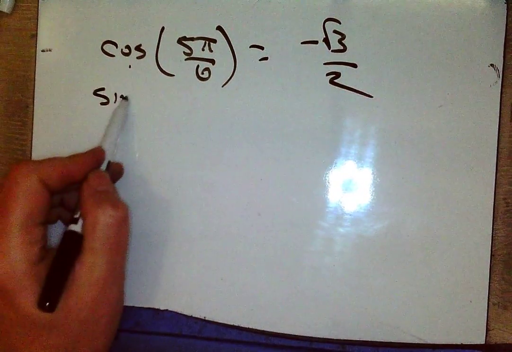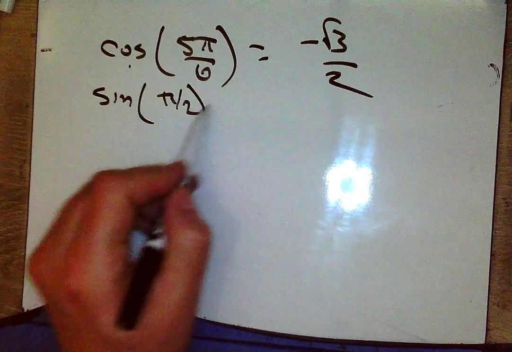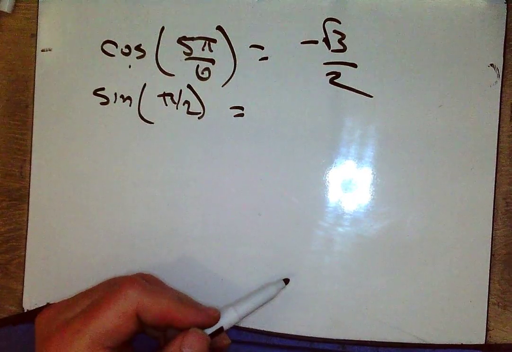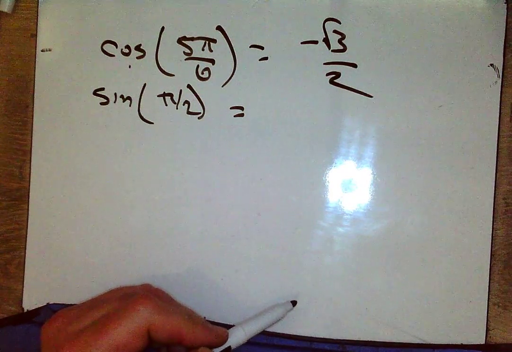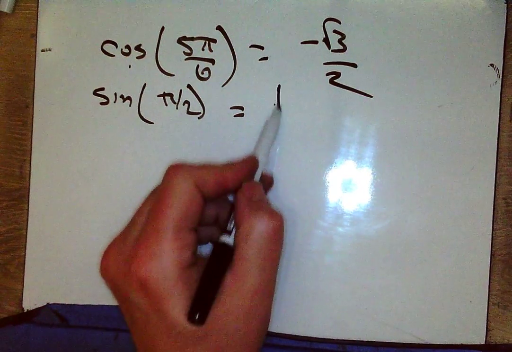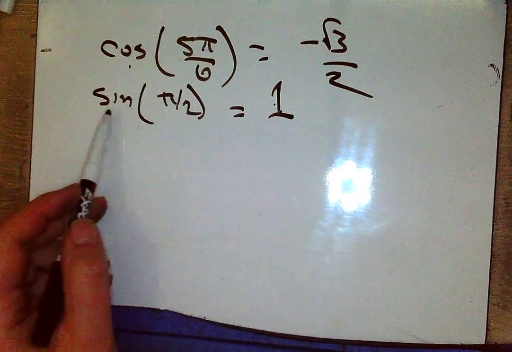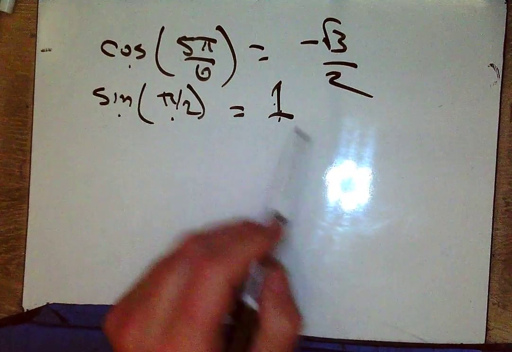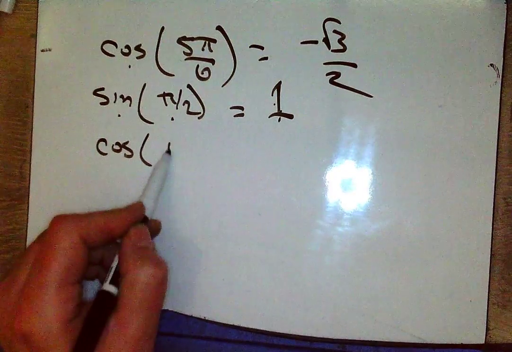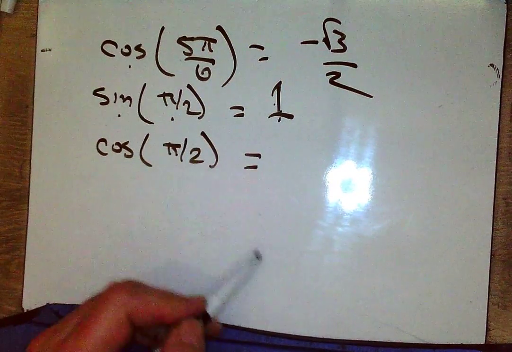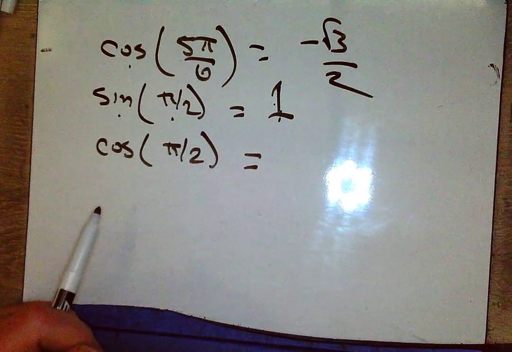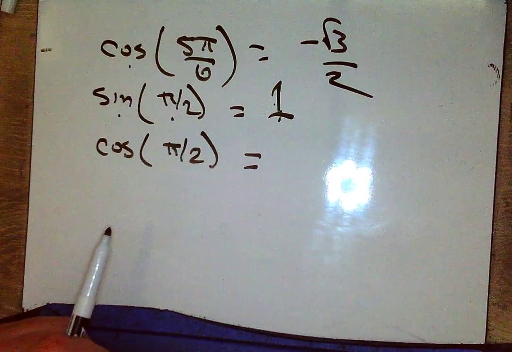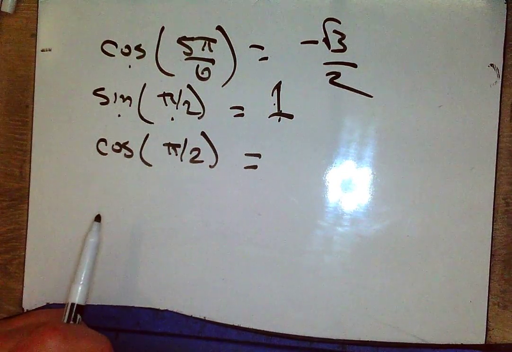How about the sine of pi over 2? 5, 4, 3, 2, 1, and 1 is the answer. You want the y value of pi over 2. There you go. Cosine of pi over 2, what do you get for that? 5, 4, 3, 2, 1.